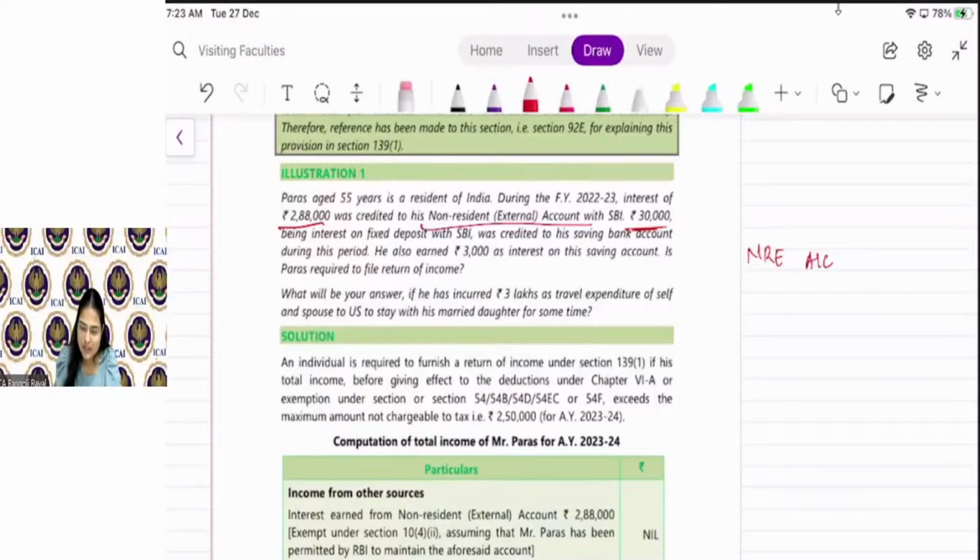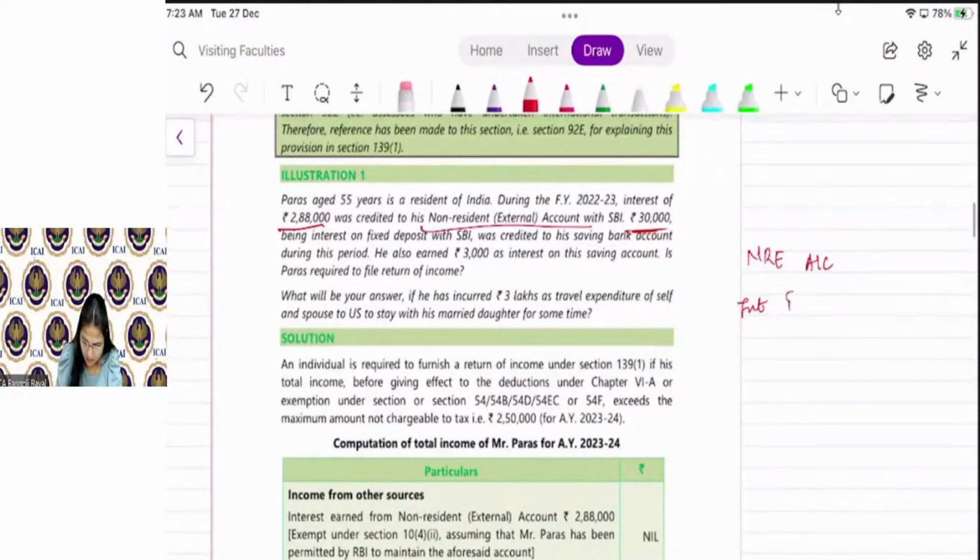So in this case, the interest from the NRE account is exempt. Right? So exempt income is not part of your total income.